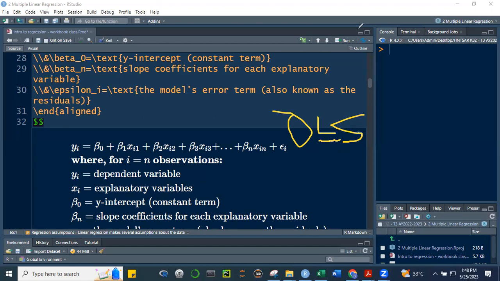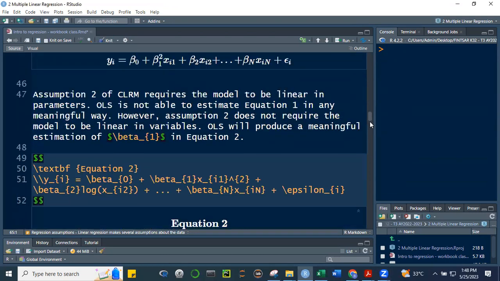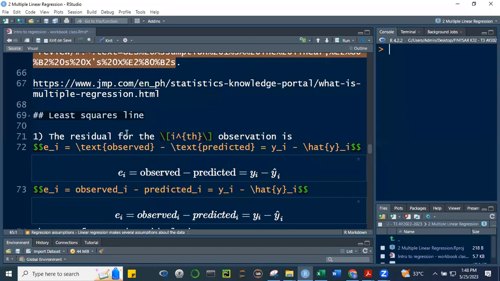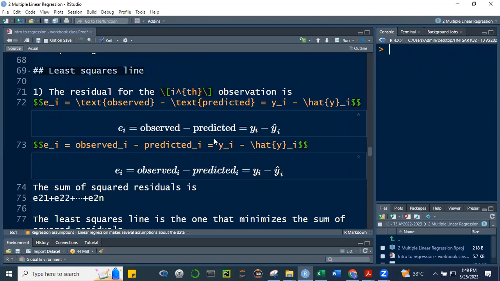Okay, where did that come from? So let's go back to our equation here. It says here, we make use of what we call the least squares line. Okay, so how does that happen? Let's start with the concept of observed and predicted. We said we have an observed value. This is the actual value, the value we got through surveys.